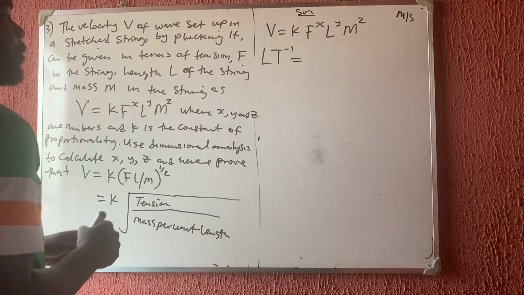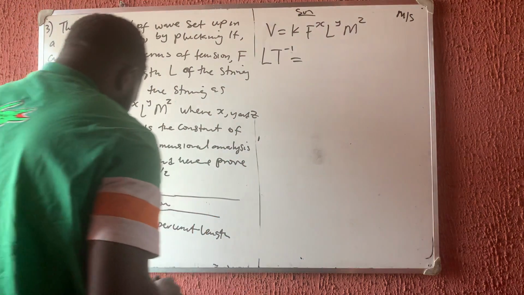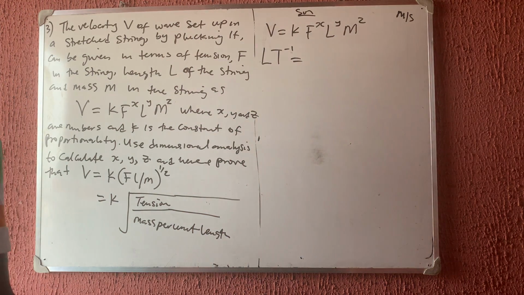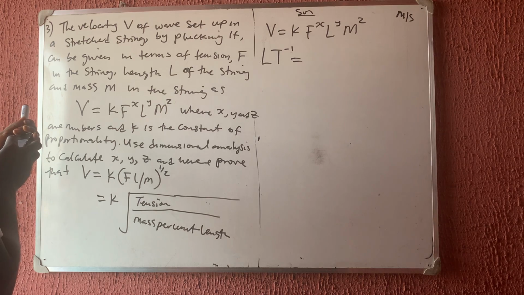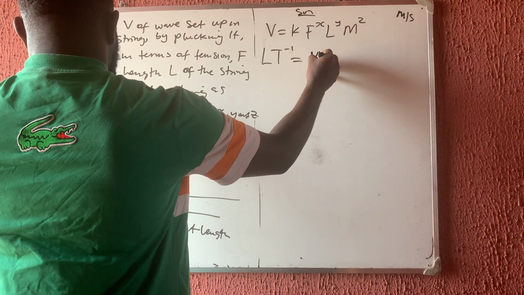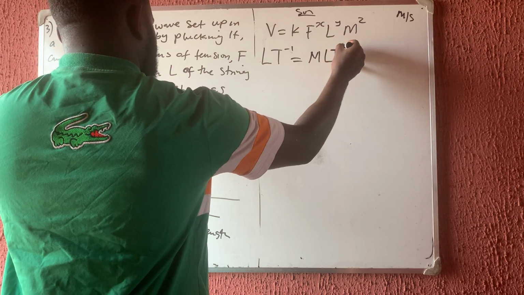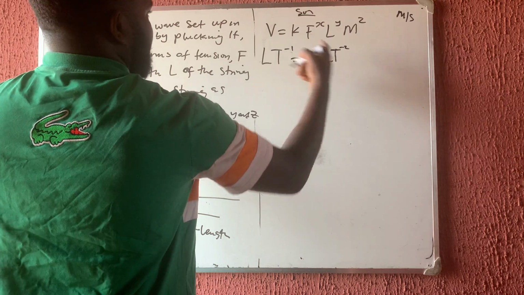Okay, meter per second is equal to, forget about K. They say that K is proportionality constant, but the next thing we should know is what? Force. What's the dimension for force? From what we did before, the dimension for force gave us M L T^-2. That is mass times acceleration.